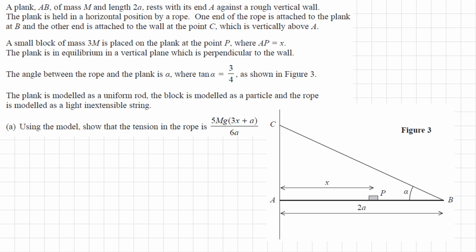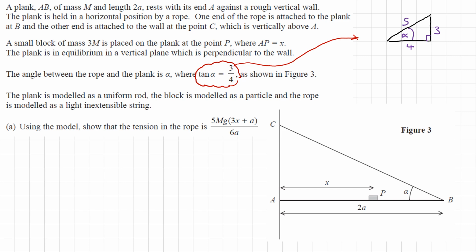Okay, so the first thing I'm going to do is to take this tan alpha equal to 3/4 and use that to work out the exact value of sine alpha and cos alpha. So I'm just going to draw a right angle triangle, call this angle alpha, and tan alpha is 3/4, so the opposite is 3, the adjacent is 4.